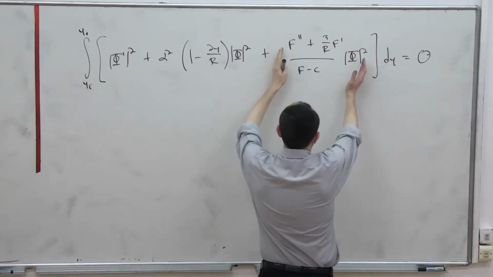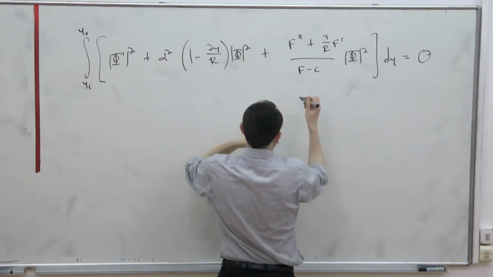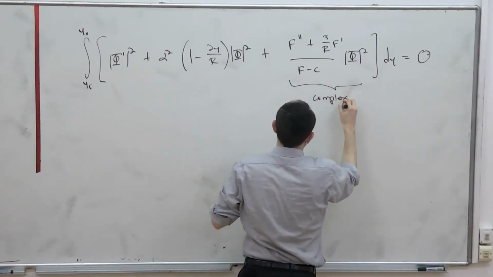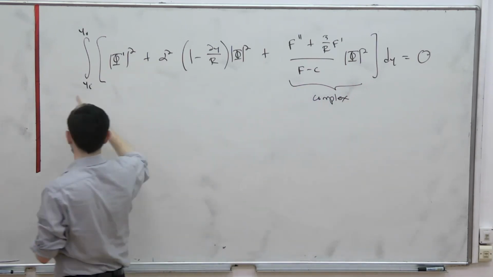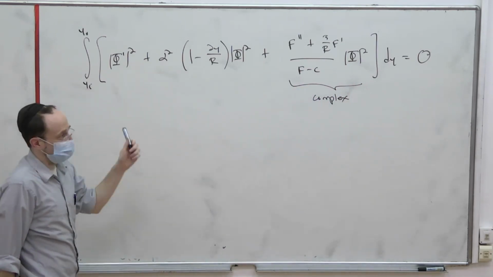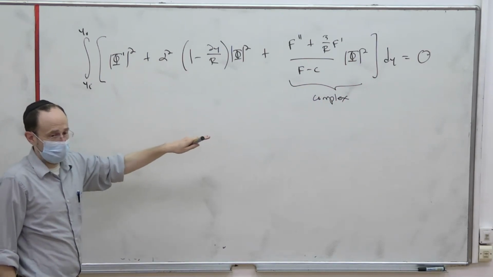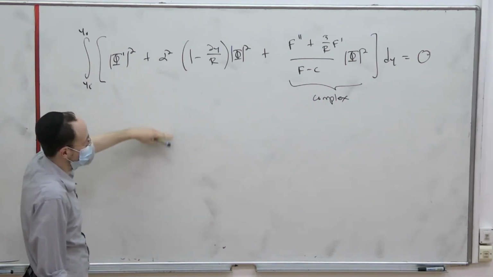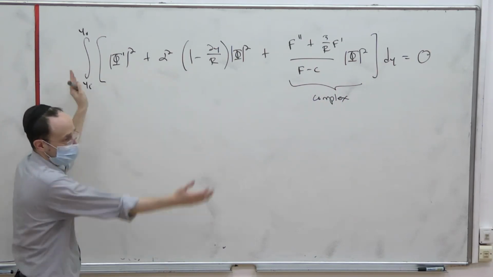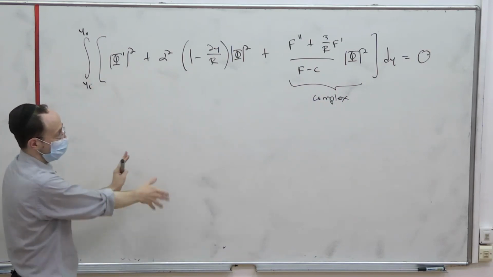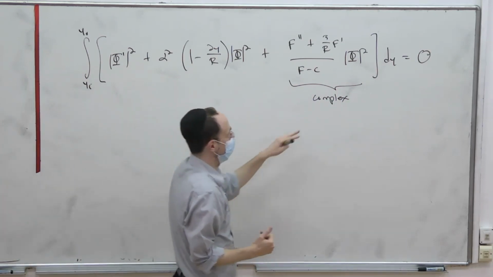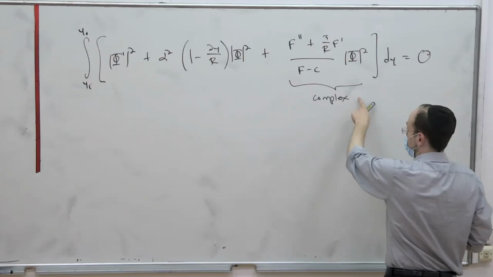So this term in particular here, this is our only complex term. So therefore, if this integral is equal to 0, well, it must be true that the real part and the imaginary part are both equal to 0. By definition, I should be able to rewrite this as two separate integrals. I should collect all the real parts in one integral, all the imaginary parts in the other integral, and both of those should be 0.